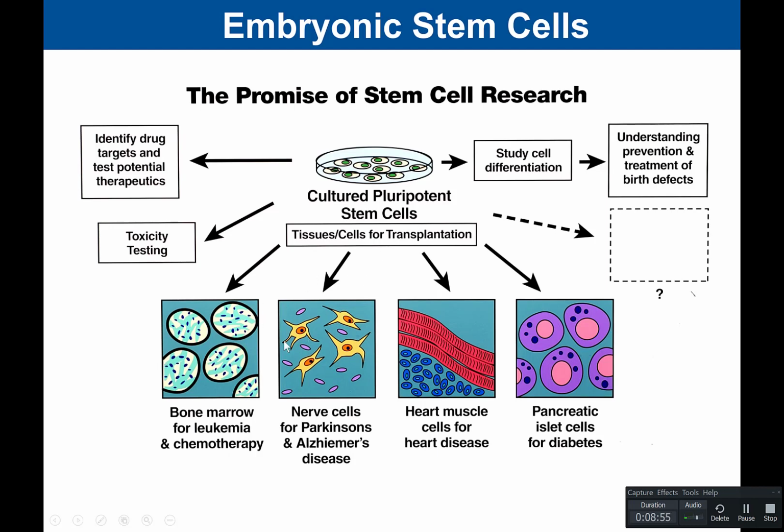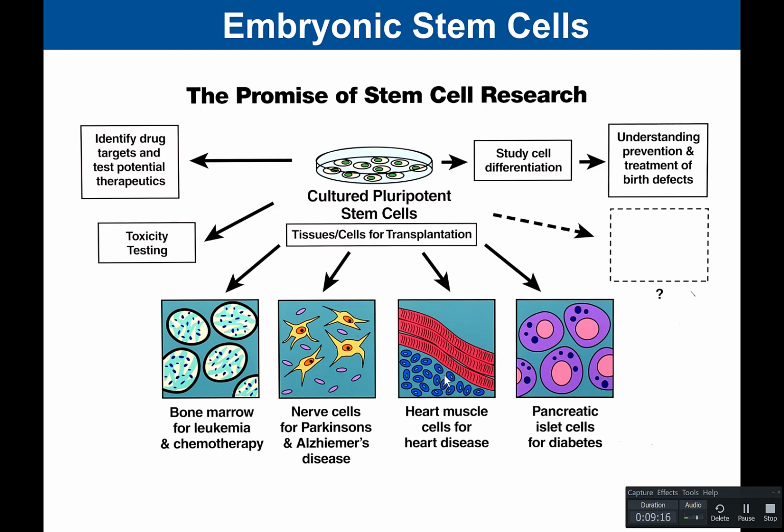Stem cells could be used to create nerve cells for Parkinson's or Alzheimer's disease, for example. They could be used for heart muscle cells for heart disease. So if the heart muscle is damaged, they could be used to regenerate new heart muscle cells and then transplant those to fix the damaged part of the heart.